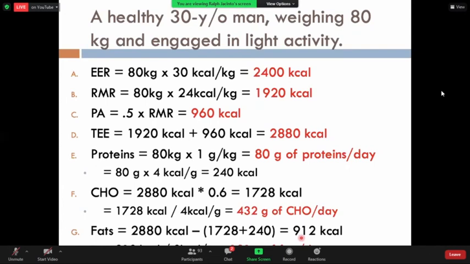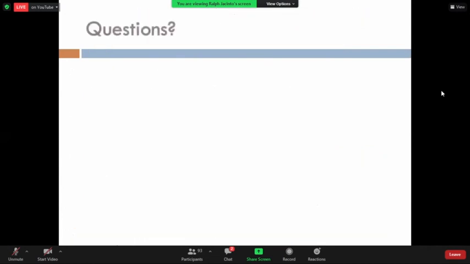So 832 divided by 9, that should be around 92. So 92 grams of fats per day, 50% of which should be monounsaturated. So about 45 grams of that should be your monounsaturated fatty acids. Okay, did you get this one? Yes, sir. Okay. So do you have any questions?